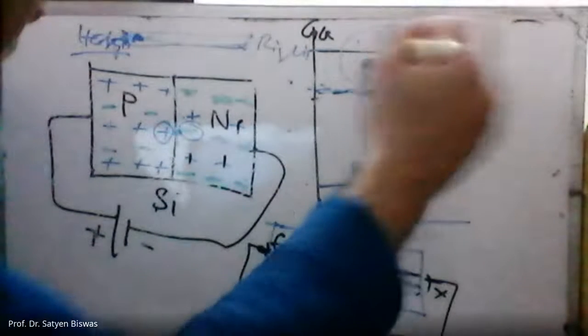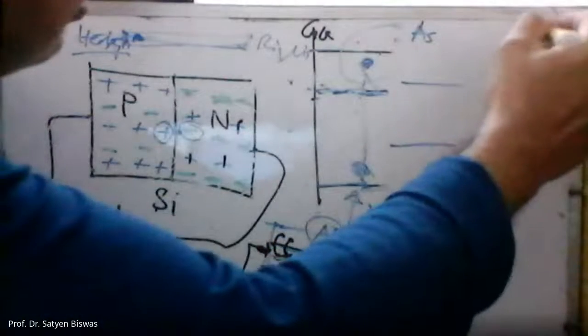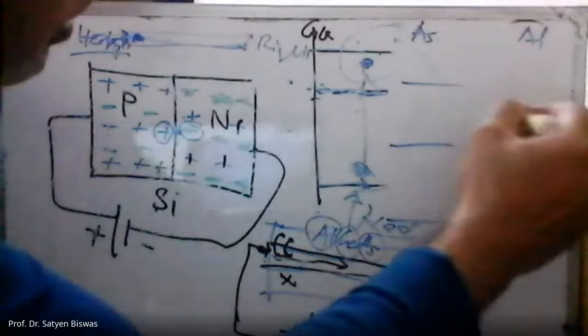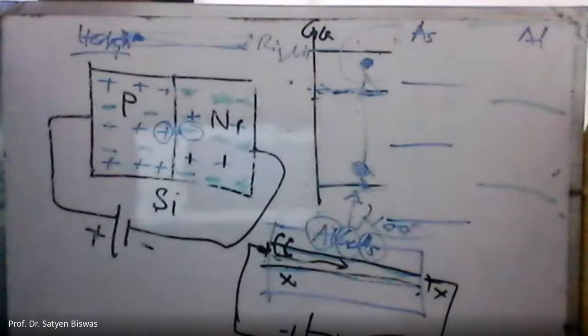Let's say this is for arsenide, and let's say this is for aluminum, maybe this one, and here. This is three levels, right? So understand this: these are three things, three levels of energy.